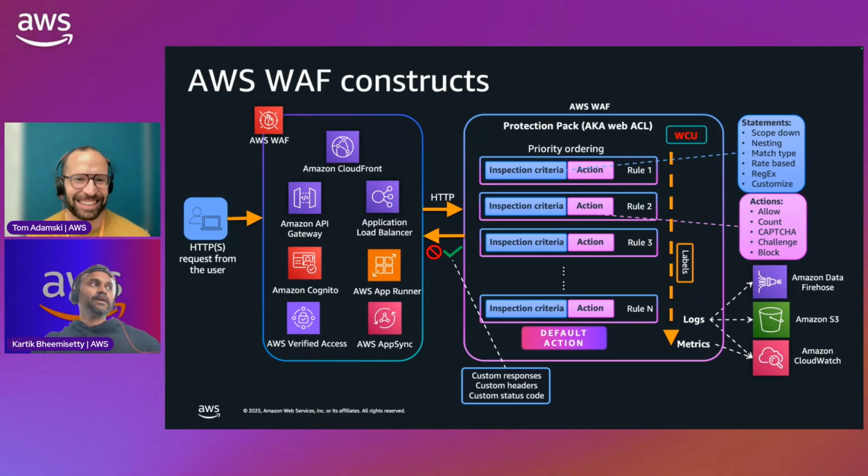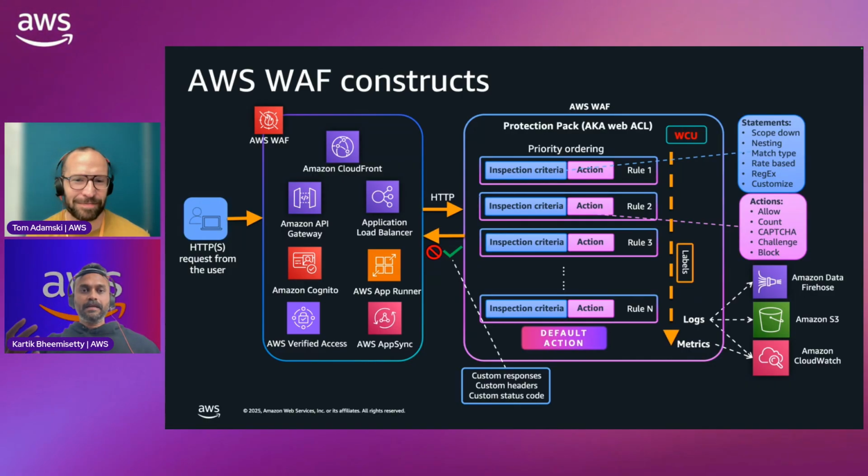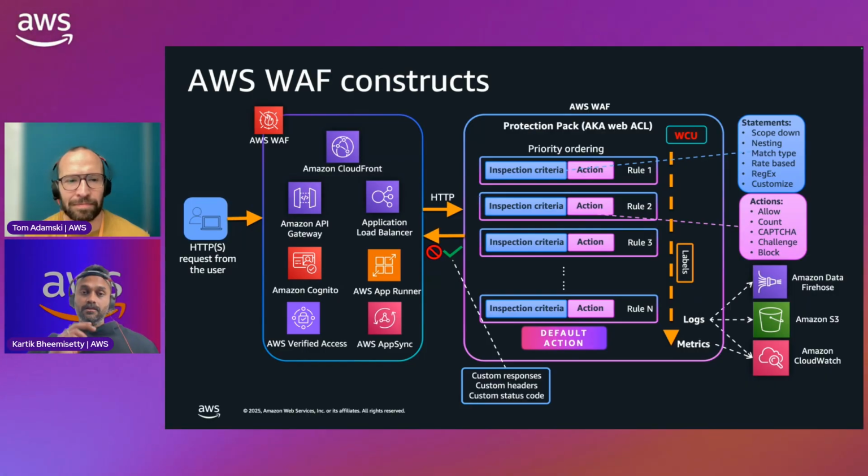Nice. Okay, so what is the typical flow when you're using AWS WAF with any of these resources? You get an HTTPS or HTTP request from the user. The request first goes to the resource. That resource is going to forward it to AWS WAF for inspection. And then what happens inside AWS WAF?